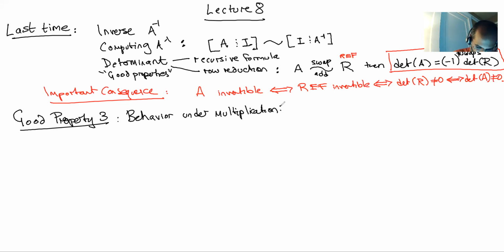And this property, which is quite amazing, is that if A and B are both n by n square matrices, then the determinant of the product is equal to the product of the determinants.